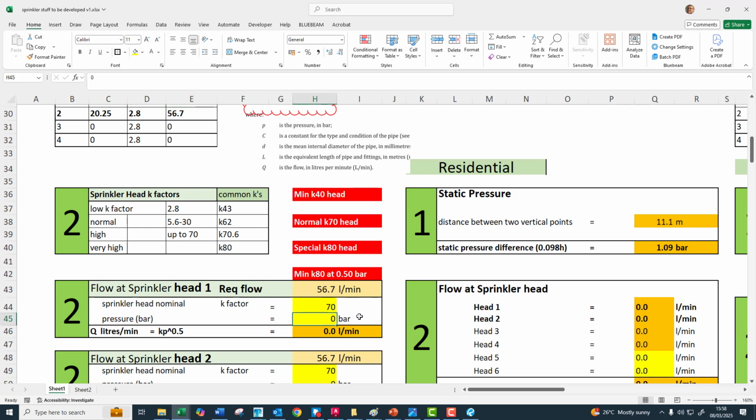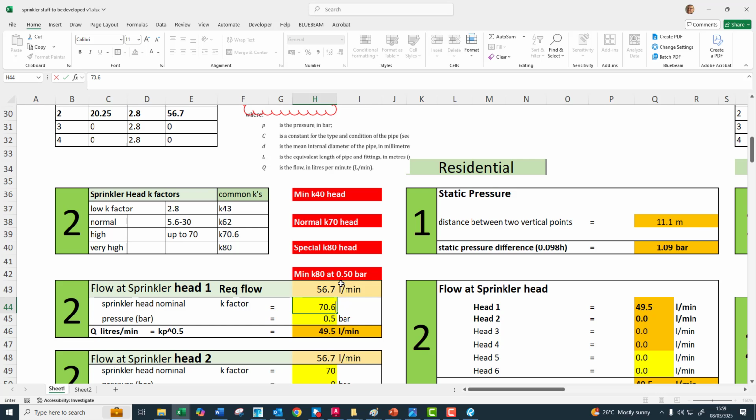So if we put the pressure at 0.5 bar, and use a common garden K70 head, which seems to be the most common go-to, it's actually 70.6. That means it'll deliver 70.6 litres a minute of water at 1 bar.